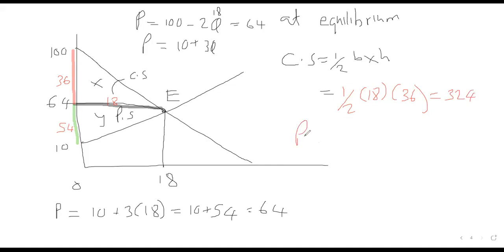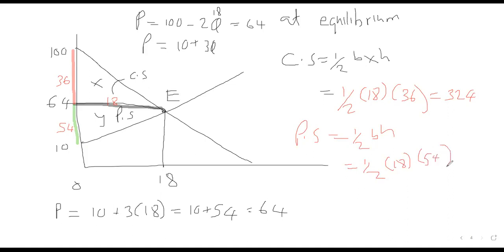Then the producer surplus is also half base times height. What is the base for the producer surplus? It's the same 18, they share it. But what is the height? 54, correct.